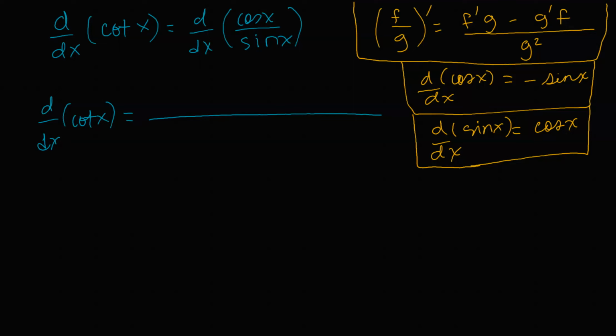The denominator is going to be sine x squared, or we would write sine square x. The numerator would be the derivative of cosine, which would be negative sine x multiplied by sine x, the denominator, minus the derivative of sine x, which is cosine x, multiplied by cosine x.